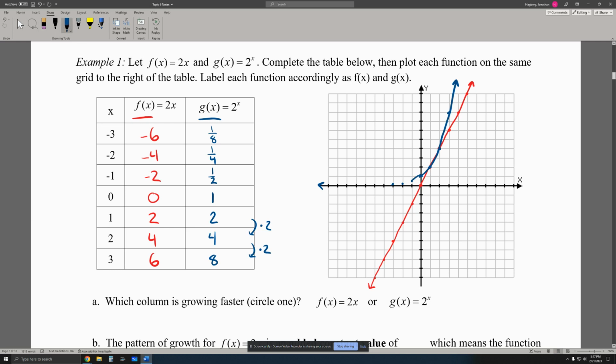And the reason why is as we move out in those negative quantities, like I said, (-5, 1/32), (-6, 1/64), as we move out to the left, as x gets greater and greater in the negative direction, these function outputs are getting smaller and smaller. They get extremely tiny.